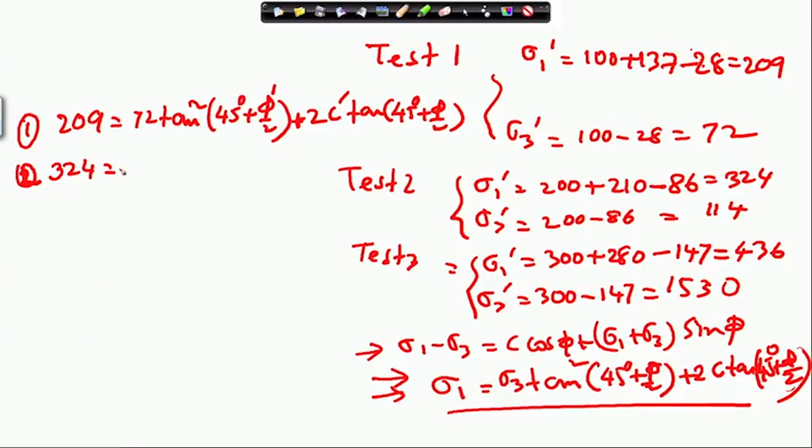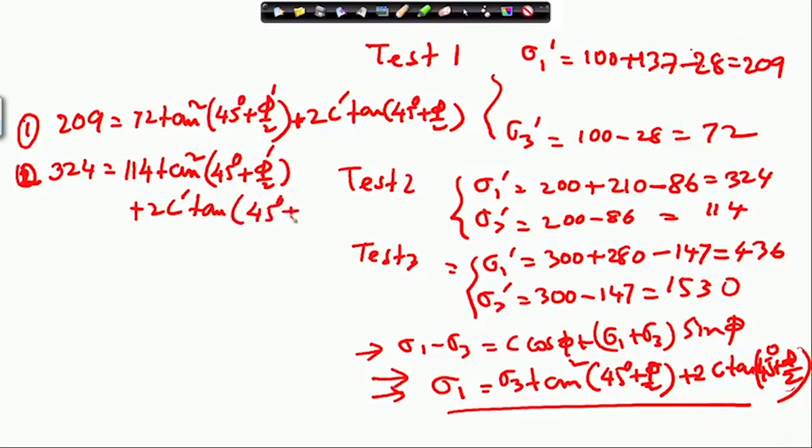Similarly, from the second test I can write 324 equal to 114 tan square (45 degrees plus phi by 2) plus 2 c dash tan (45 degrees plus phi by 2). This term tan (45 degrees plus phi by 2) I can give a name, and then it will be easy to handle the equation.